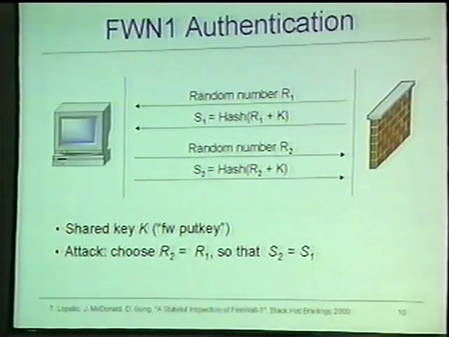We just replay everything. We receive R1 and don't generate a random number of our own, but reuse R1 as R2. And of course, if we reuse R1, we can reuse the signature. So instead of calculating S2, we just replay S1. And this is what I'm going to show you now.